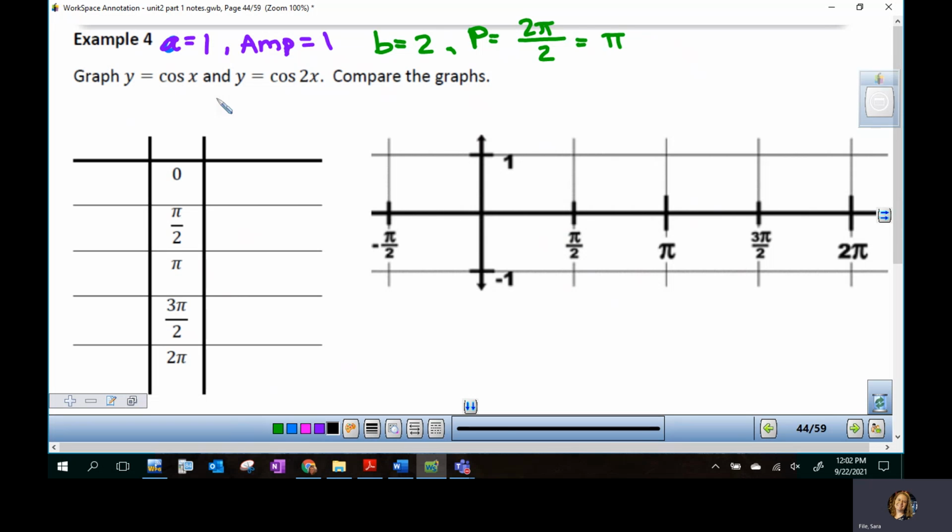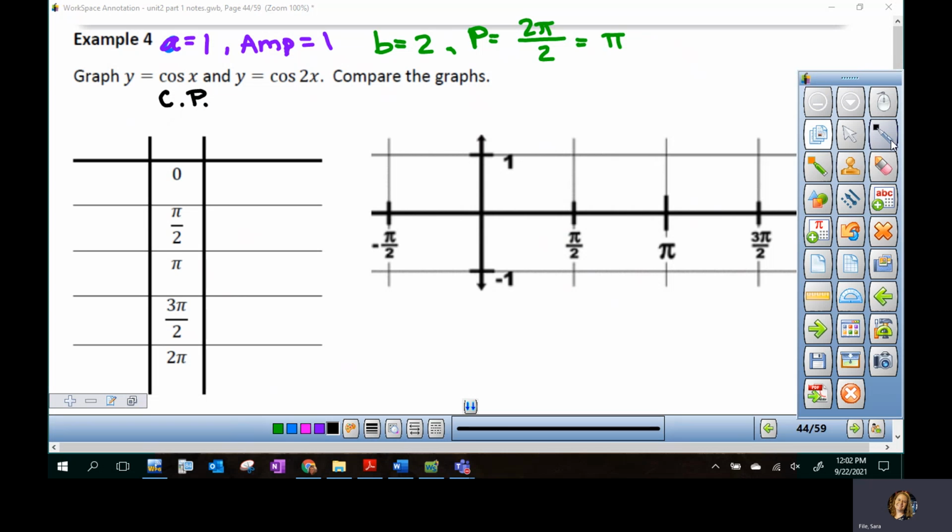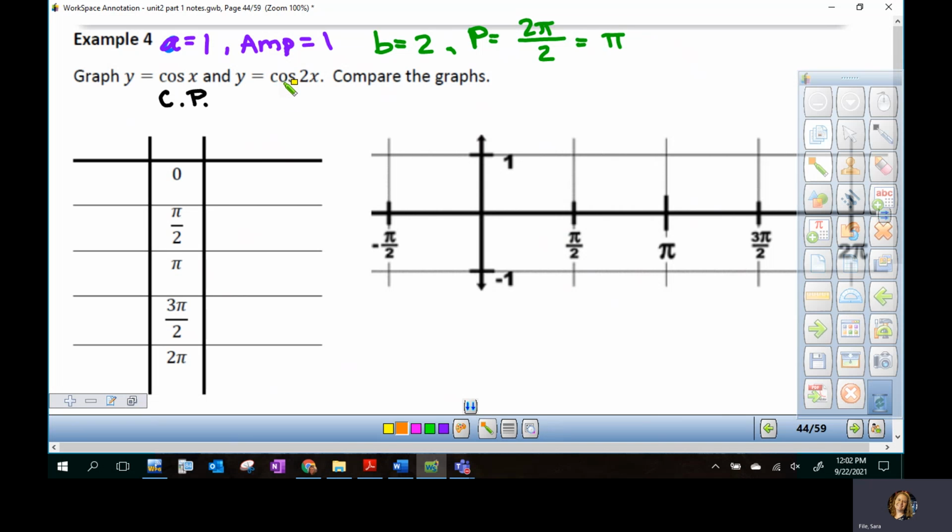All right, we said when we're creating our table of values, we always start with the critical points column, and that we title or header that column with what we're taking sine or cosine of. In this equation, what are we taking cosine of? Cosine of 2x.